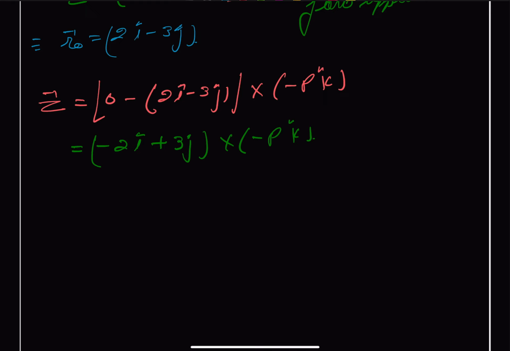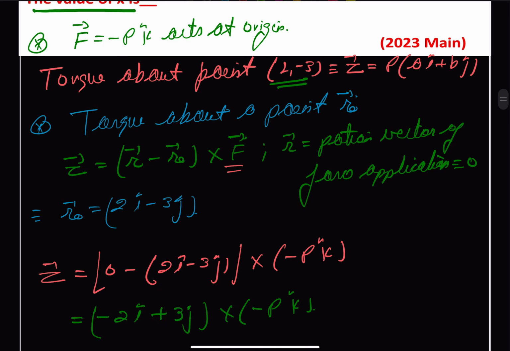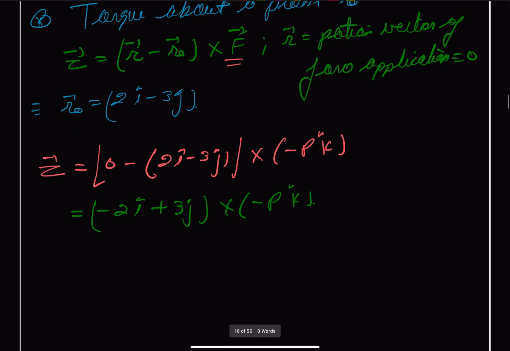So we have this as r minus r naught. This looks good.